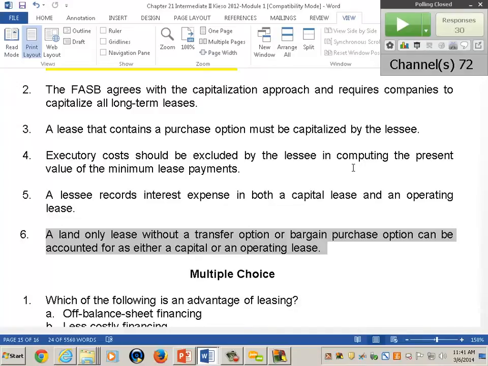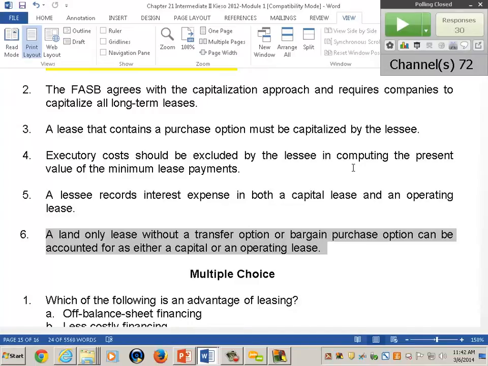Okay. Operating lease, yeah. So land, for the most part, when only the 75 and 90% tests are involved, land is always an operating lease, pretty much. Sorry, you said that the land beneath the building is always, you separate that. Yeah.